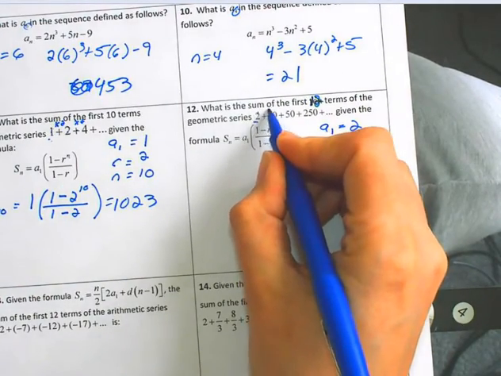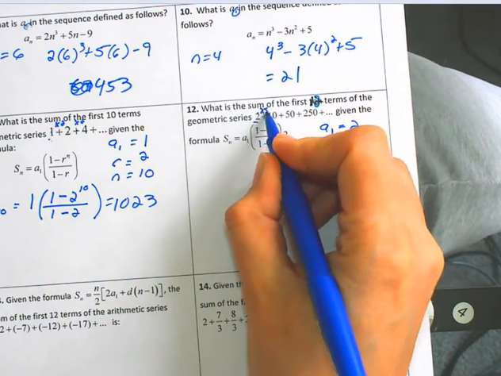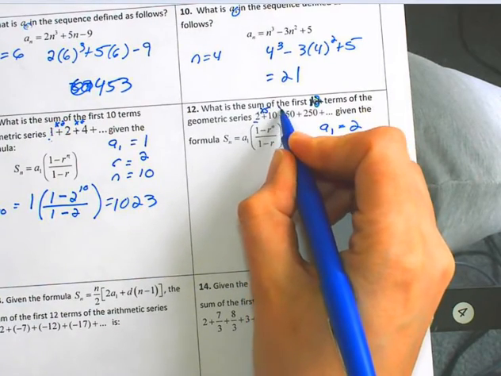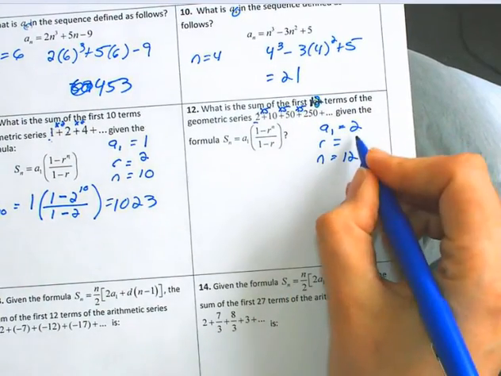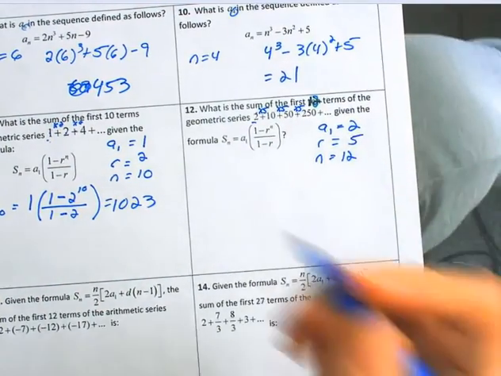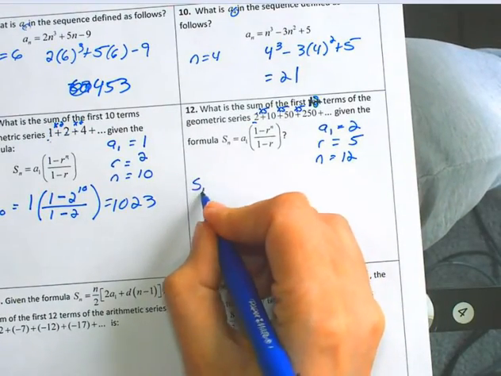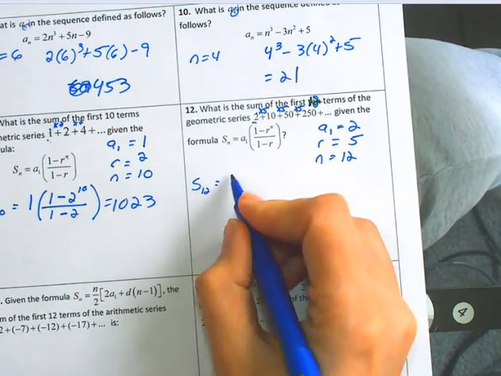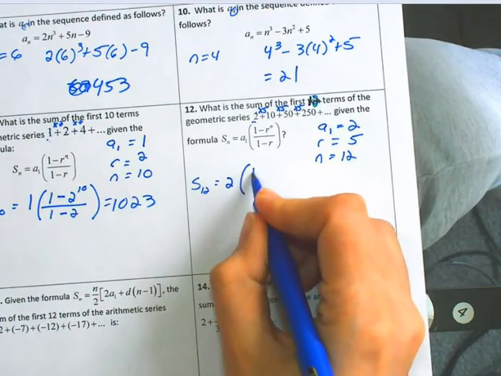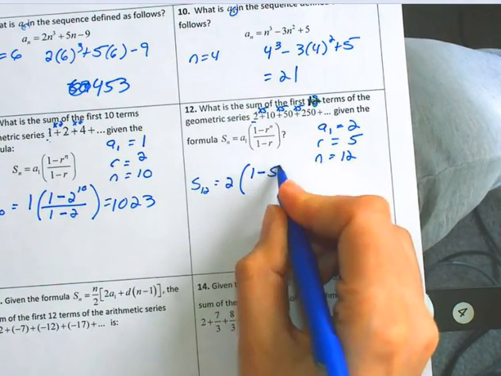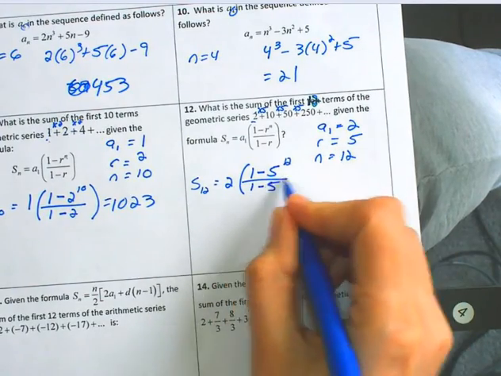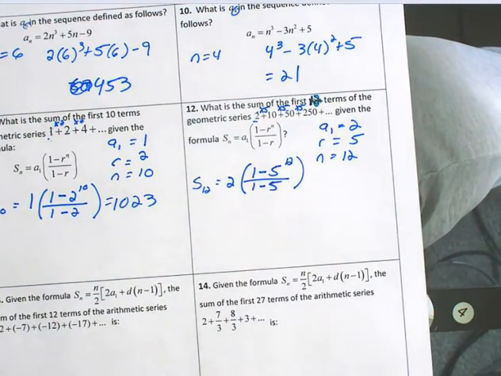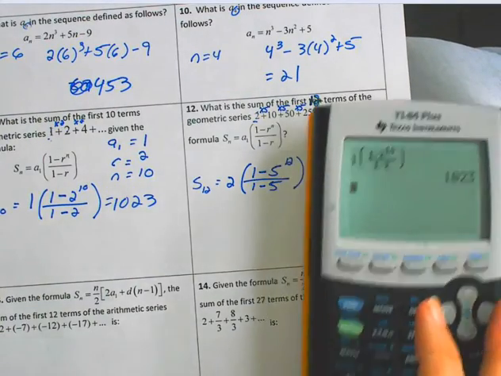So 2 to get to 10, I multiply by 5. 10 to 50, I multiply times 5. 50 to 250, you multiply by 5. So your common ratio is 5. Now I'll just plug it in. S sub 12 equals A1, which is 2, times 1 minus R to the power of N over 1 minus R. Okay, and remember, we're looking for the sum of the first 12 terms in the series.